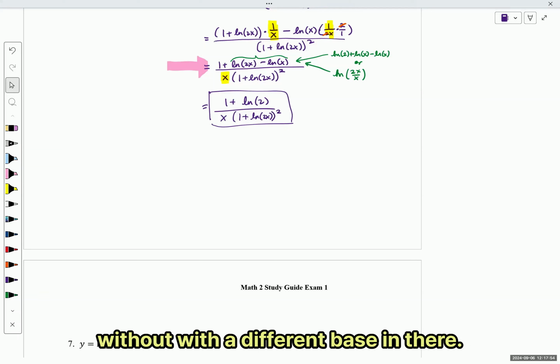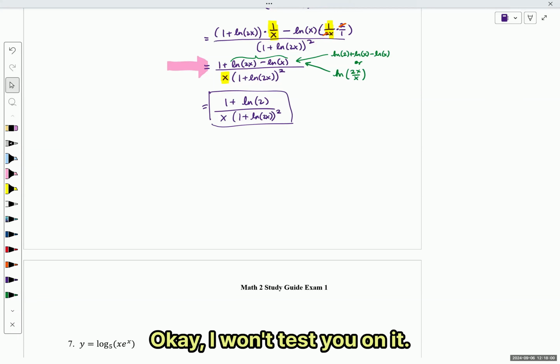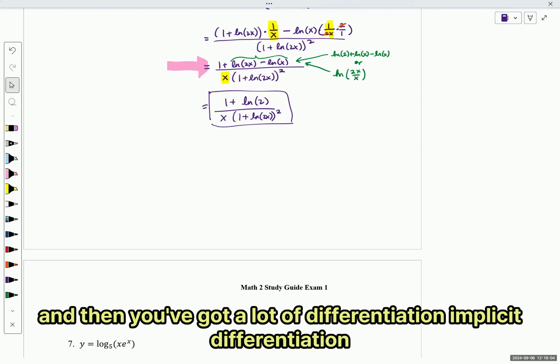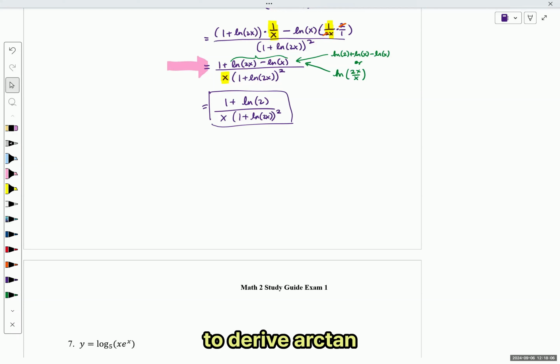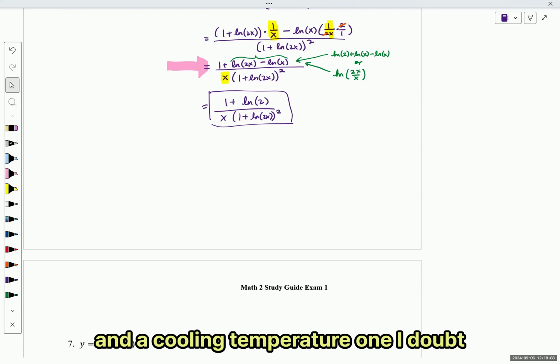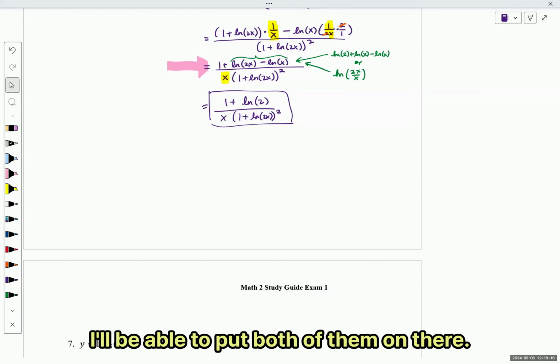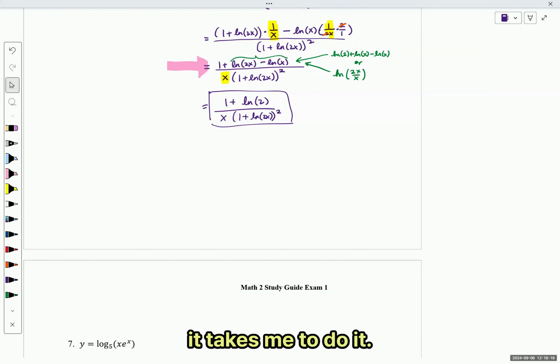So I didn't put any integrating with logs with a different base in there. Okay, I won't test you on it. Just know how to use them. And then you've got a log differentiation, implicit differentiation to derive arctan, and then a half-life and a cooling temperature one. I doubt I'll be able to put both of them on there. I will see how long it takes me to do it.